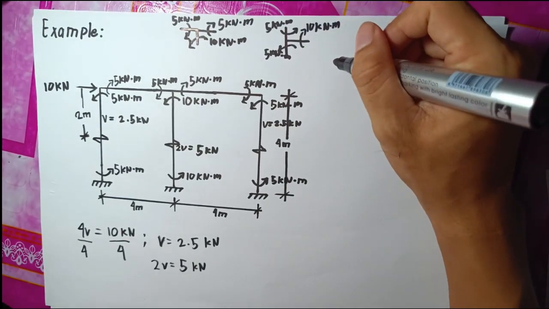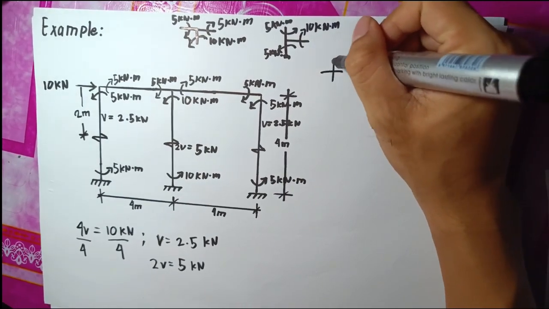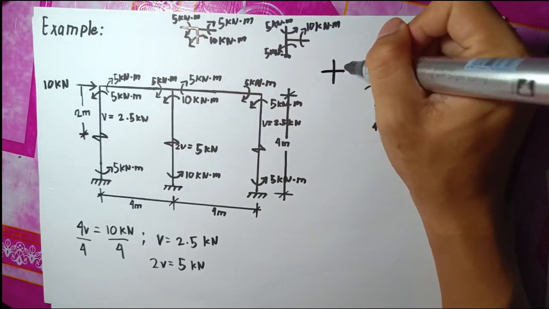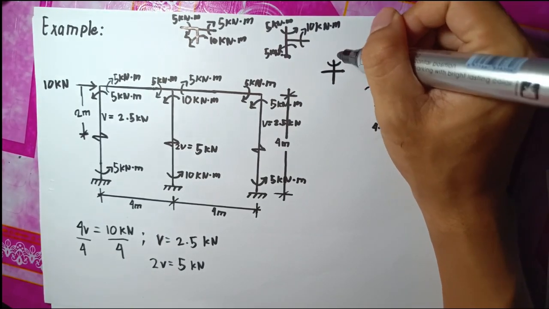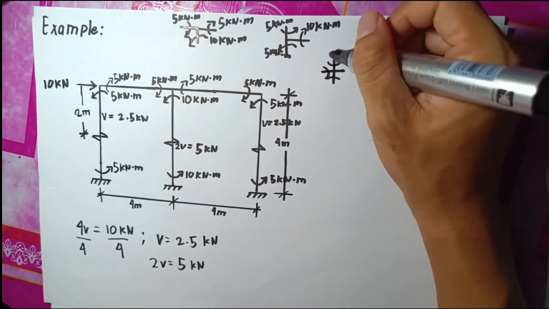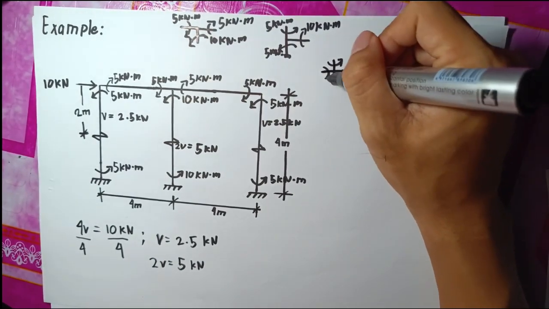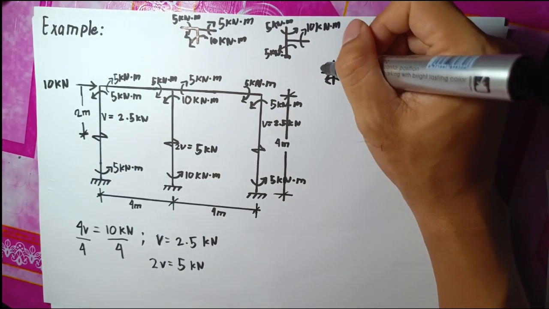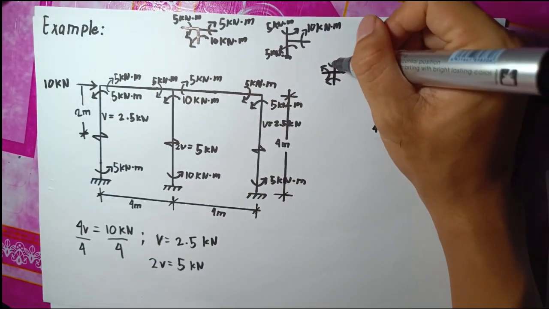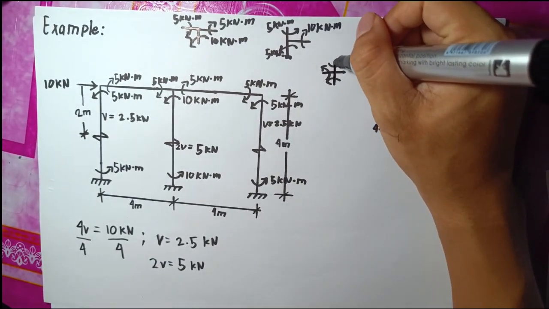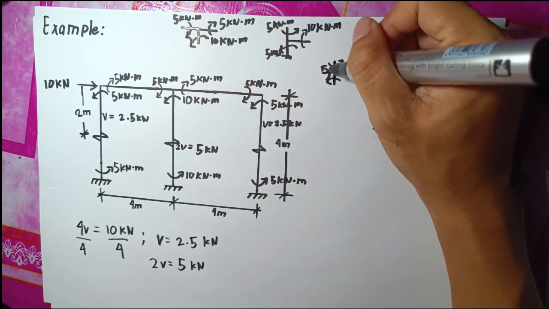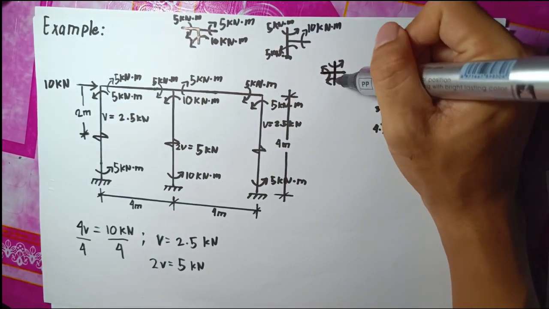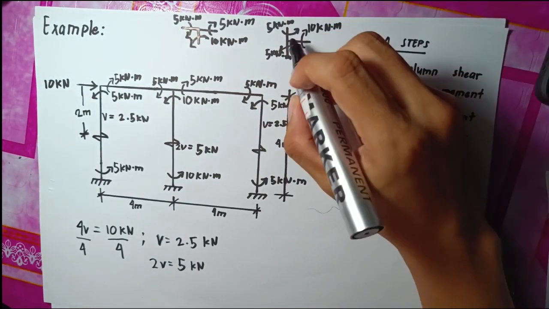If you have a cross section, one vertical and one horizontal, the value here, so we have one vertical and one horizontal. First you must follow this step.